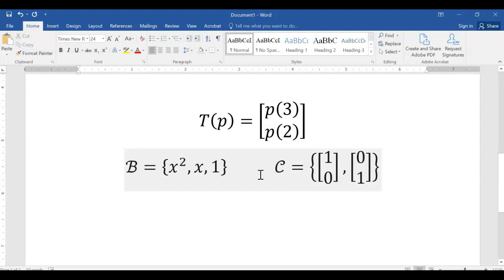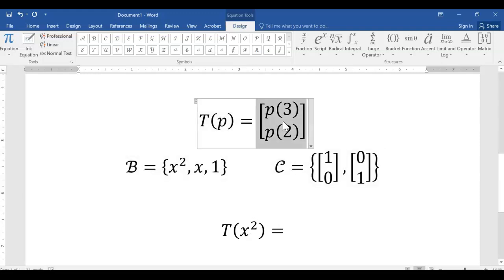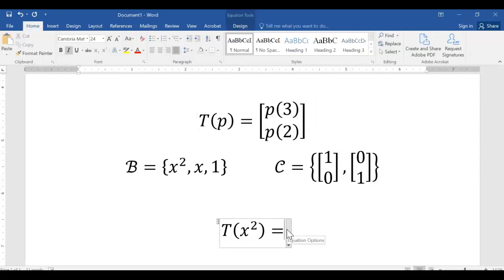So in my previous notation, the script B basis would have been x squared, x, 1, and the standard basis would have been the script C basis. So all I have to do is see what happens to T of each of my basis polynomials. Okay? So what's going to happen when I take my x squared?